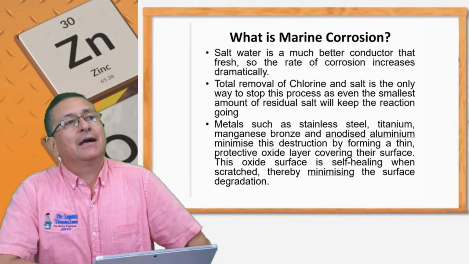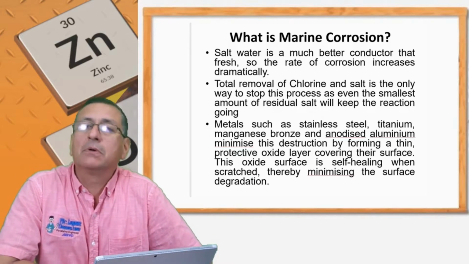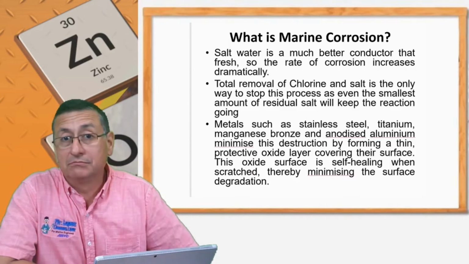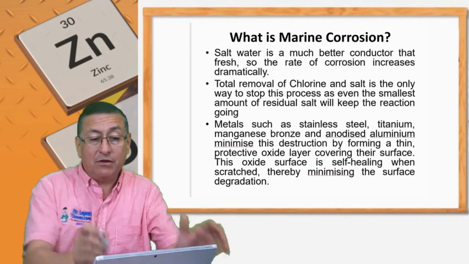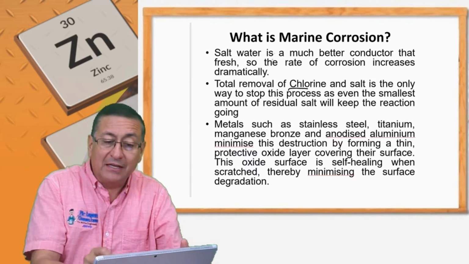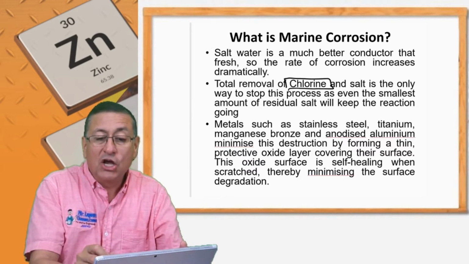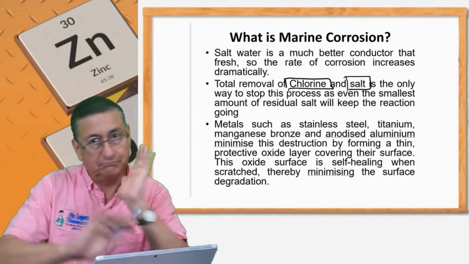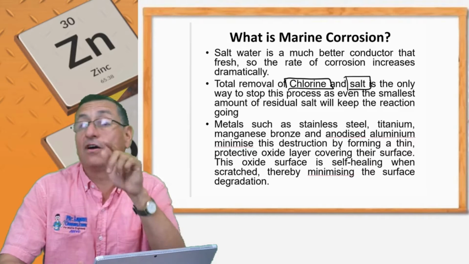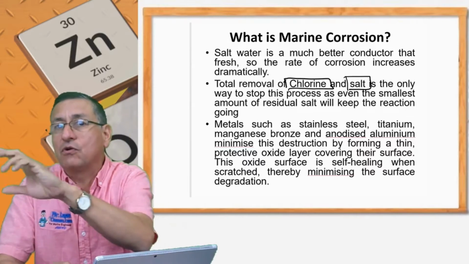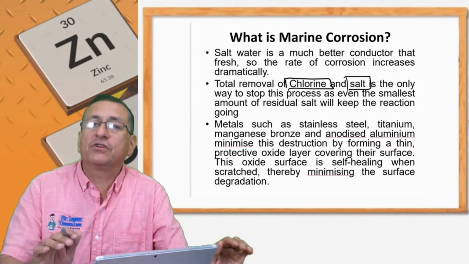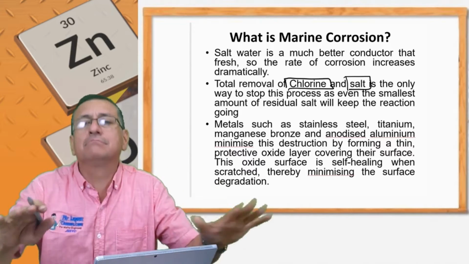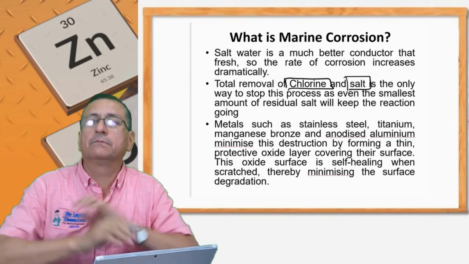How can I stop the phenomenon of corrosion? It's too simple. You need to eliminate from the environment all the chlorine, all the salt, and all the humidity, and that's it. No more corrosion, and of course no more leaks of current. The process of corrosion is not eliminated, but it is practically nothing.